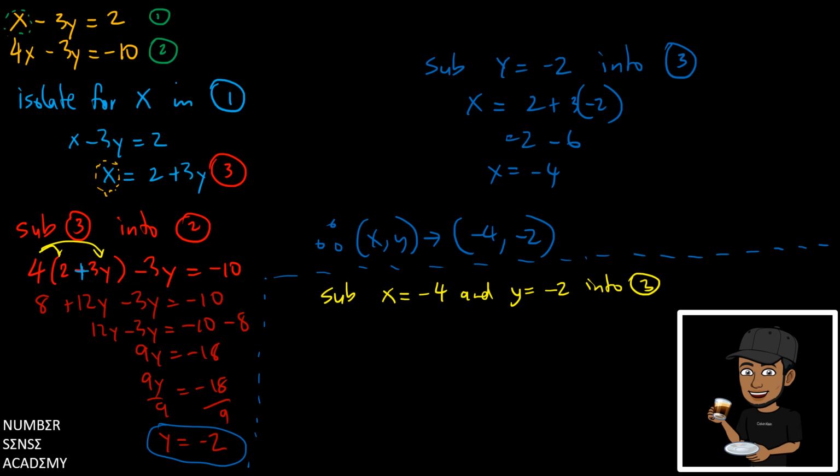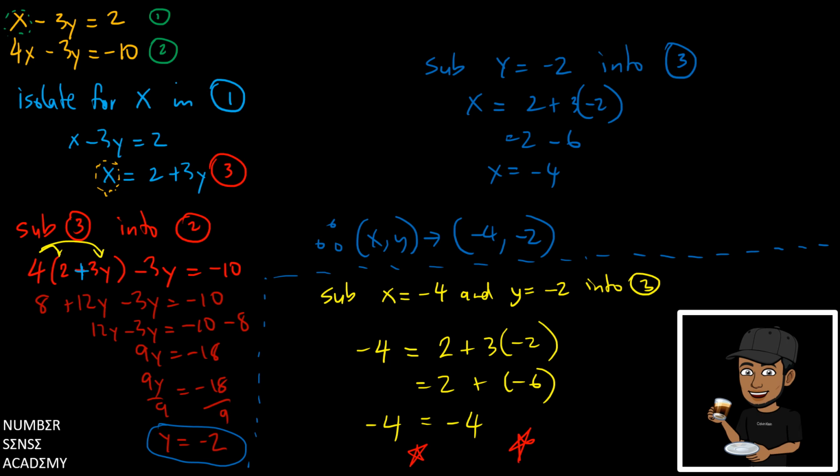So what I have is negative 4 is equal to 2 plus 3 times negative 2. So 2 plus 3 times negative 2 is 2 plus negative 6, which is negative 4, and these are equal. Okay, so boom, boom. So negative 4, negative 2 is a solution to the system.